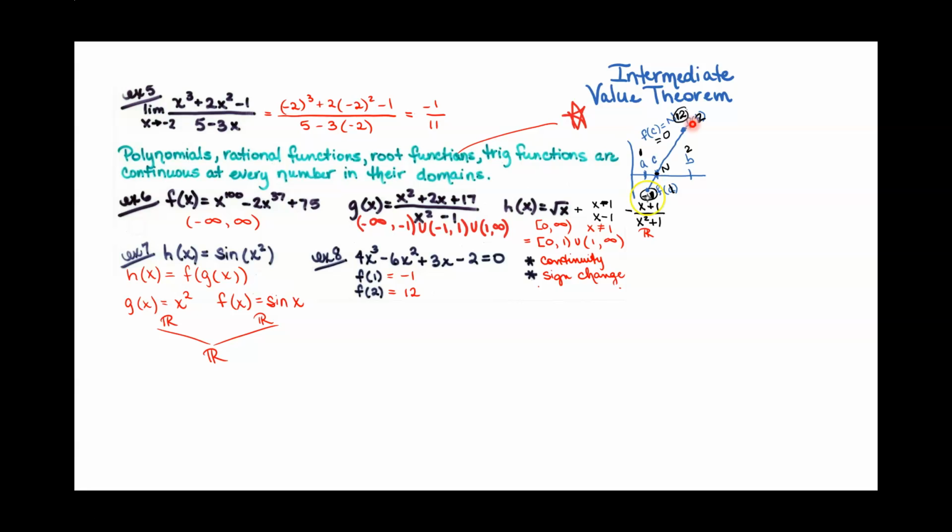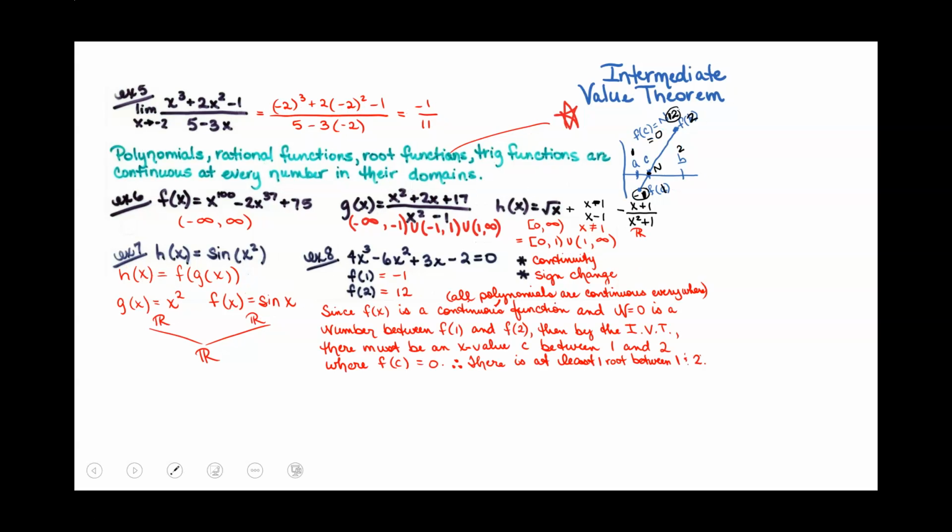If we went from negative to positive, we had to cross through 0. Or if we went from positive to negative, we had to cross through 0. So the second thing that we want to look for is a sign change. So if this is a continuous function and if it has a sign change, then yes, I can say that there is a root between those two values.